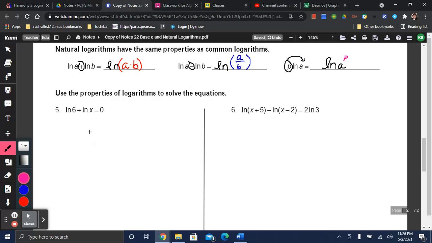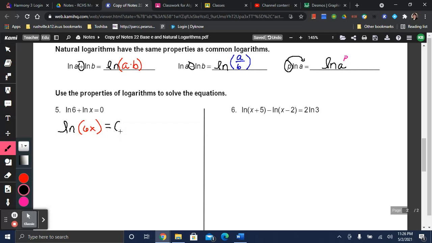So we'll look at solving our logarithm equations, and I do want you to notice that you can only solve if you have a single logarithm on each side. So since this has multiple logarithms, I could use one of my properties. This is one way to do this problem. So going from 2 to 1, I would have the natural log of, and then addition becomes multiplication, 6x, and then equals 0.